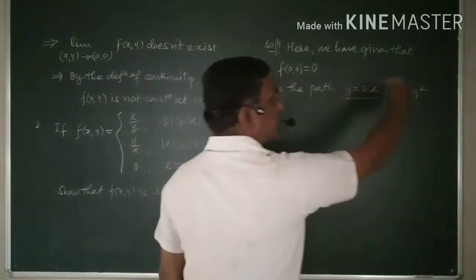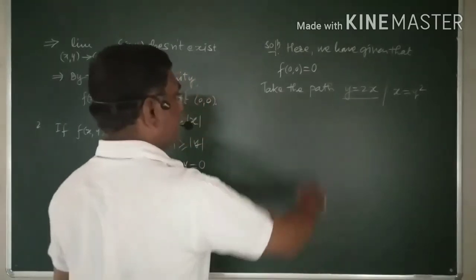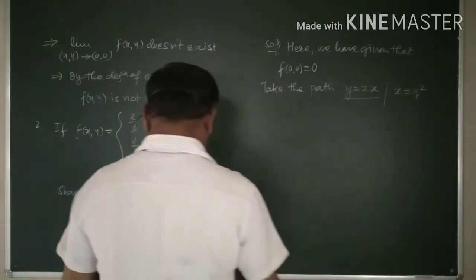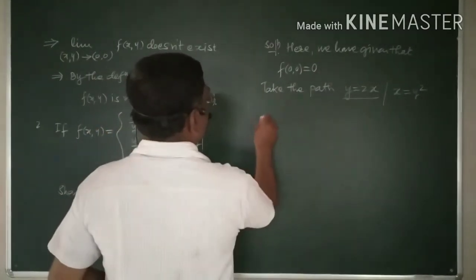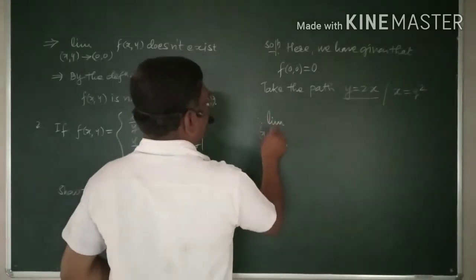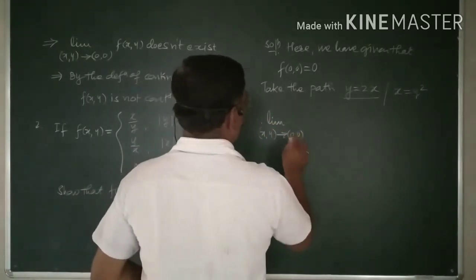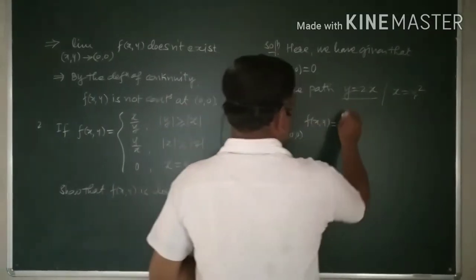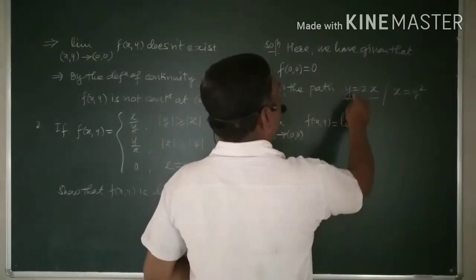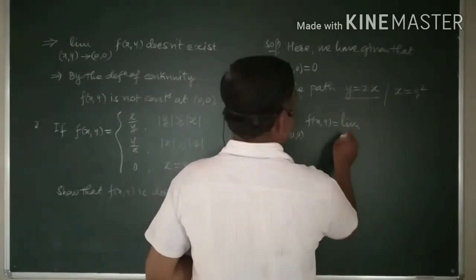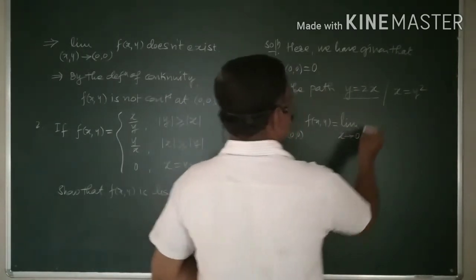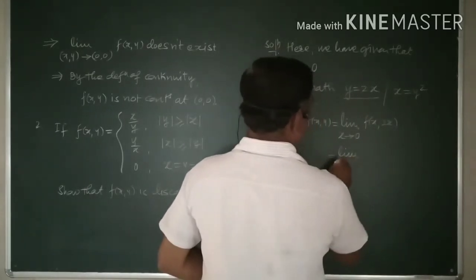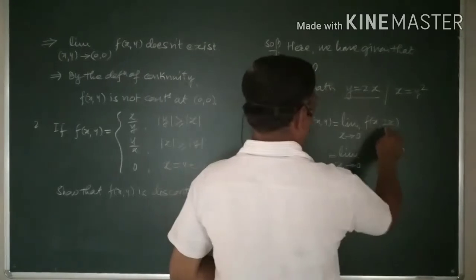Therefore you can choose any one of the paths, one path for the first case and another path for the second case. Let us go for this one. Hence, the limit as x comma y tends to 0, 0 of f of xy is equal to the limit, now we are considering y is equal to 2x, so this becomes a function of x, and hence x tends to 0 of f of x, 2x.